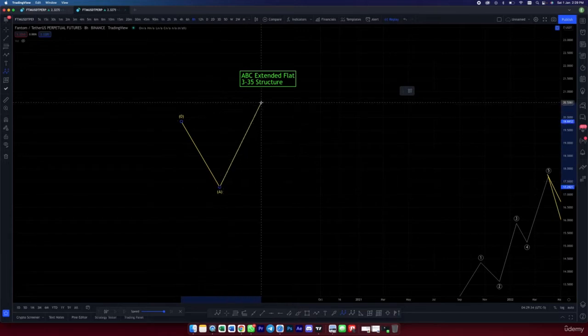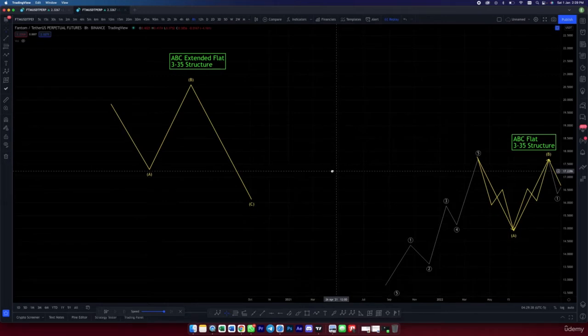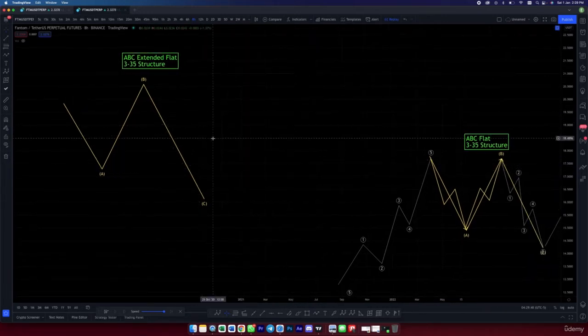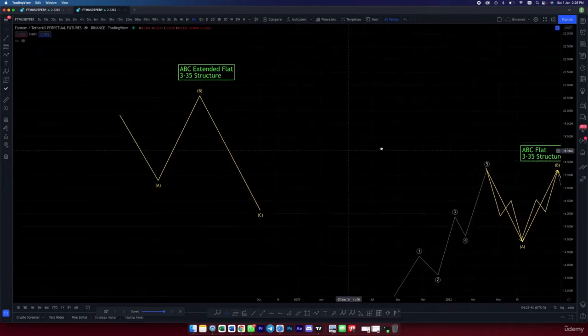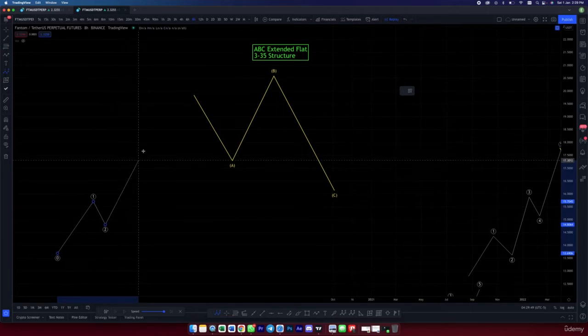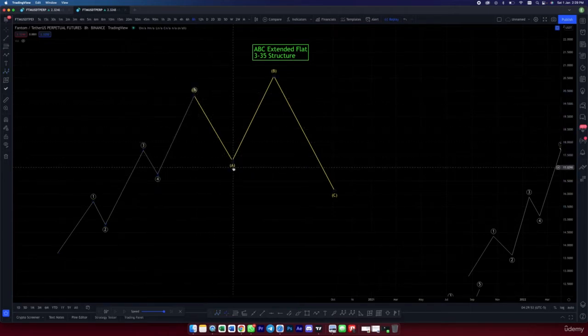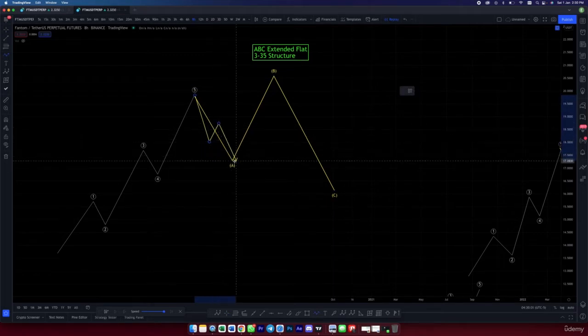A, B and C. Can you see the difference between this flat and the extended flat? The difference is that the B wave will go beyond the top of wave 5, 1 2 3 4 and 5. So you'll see A coming down, 1 2 and 3.